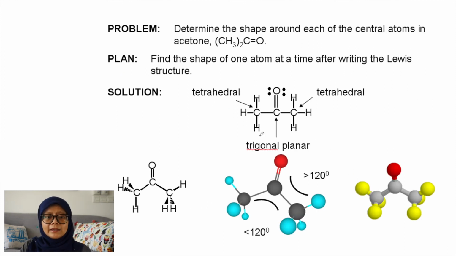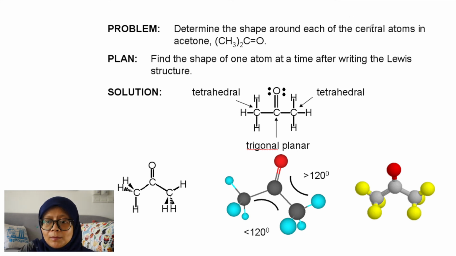Another problem here: we need to determine the shape of each of the central atoms in acetone. So you need to draw the Lewis structure of acetone, and second, determine which are the central atoms.